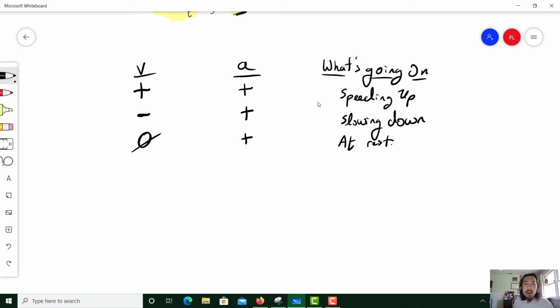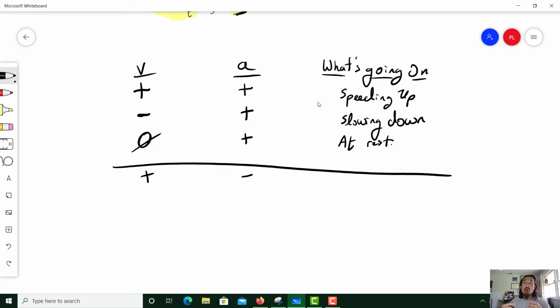All right, now let's try the negative acceleration ones. If we have an object that is moving in the positive direction, but it has a negative acceleration, so the velocity is changing towards the negative direction, that means we are slowing down.